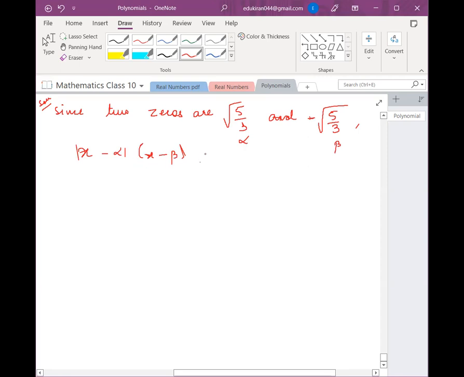Yes. So don't use alpha beta, write it directly. So x minus under root 5 by 3 and x minus under root minus 5 by 3. So minus minus will become plus, is a factor of px.